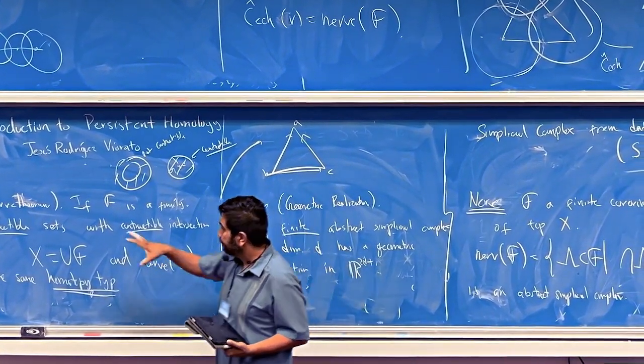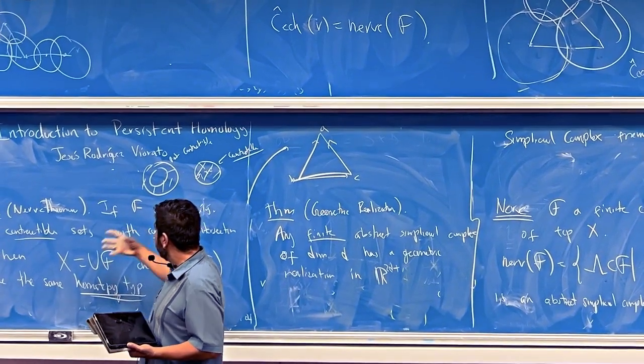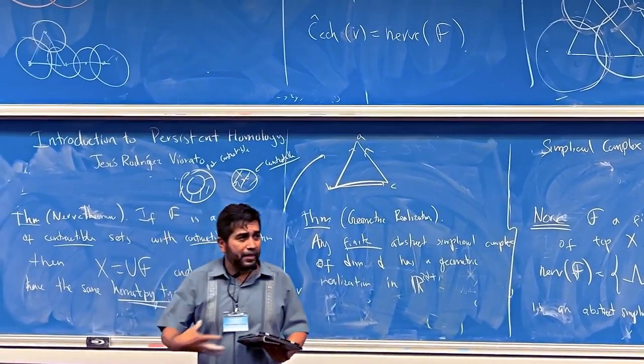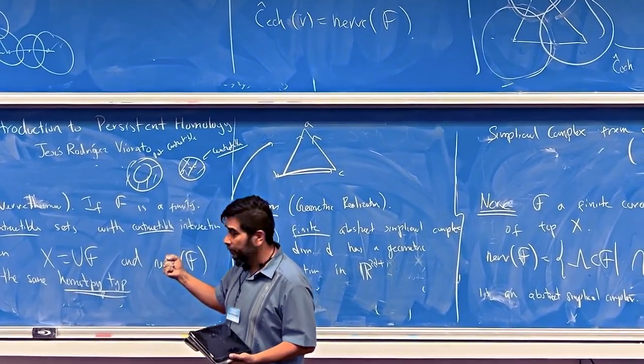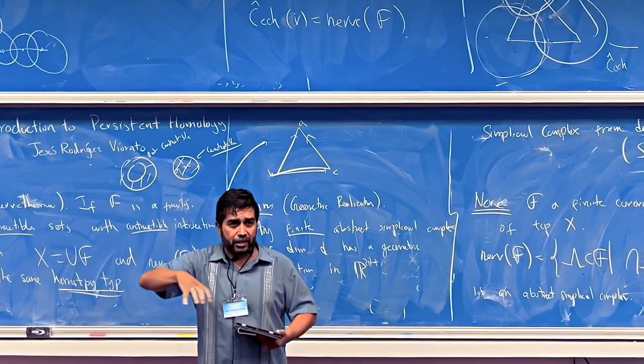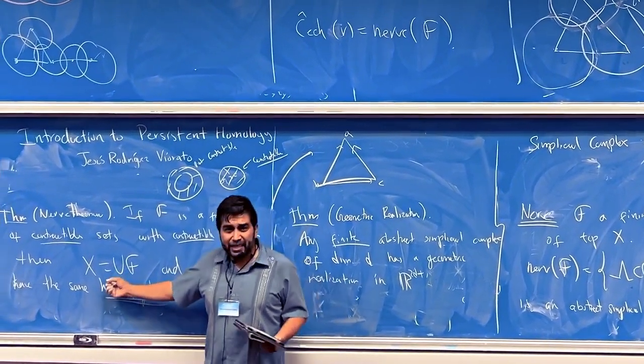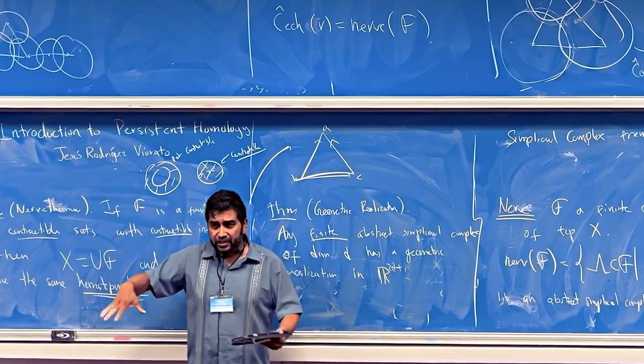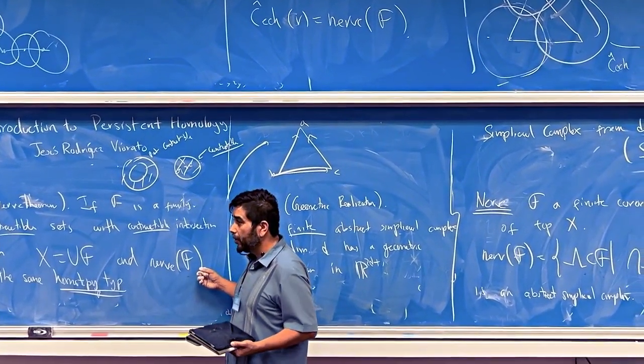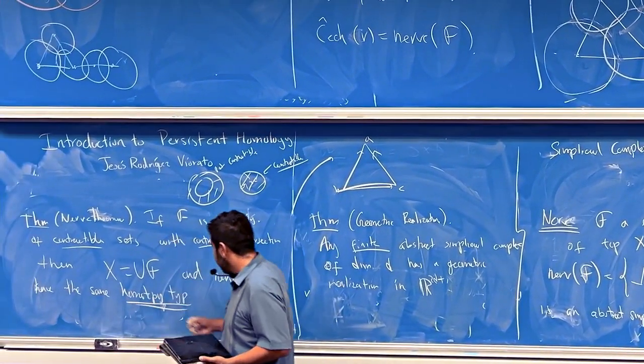So if all the open sets that cover your space are contractible, and all the intersections between those are contractible, then the nerve and the total space covered by these open sets have the same homotopy type.